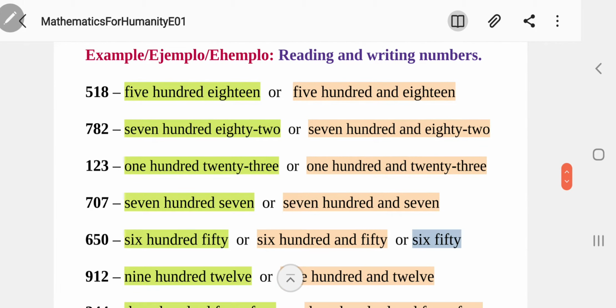Here you have 3-digit numbers. 3-digit numbers means you have a set of 3 numbers. Like this one, you have the first digit as 5, the second digit as 1, and the third digit as 8. And this you can read as 518.